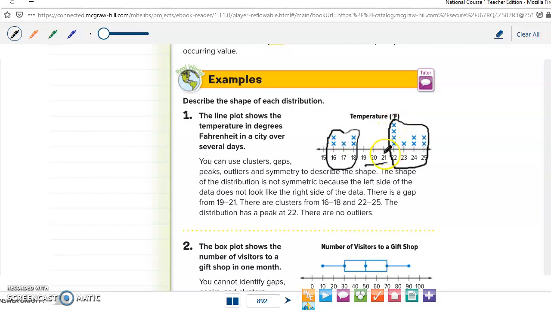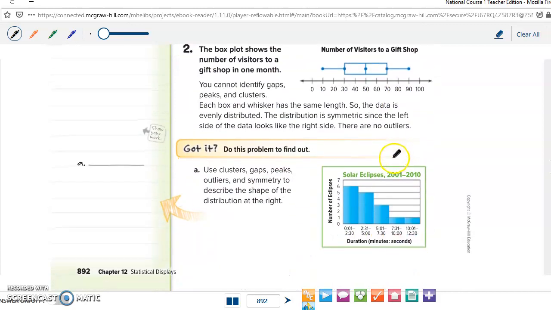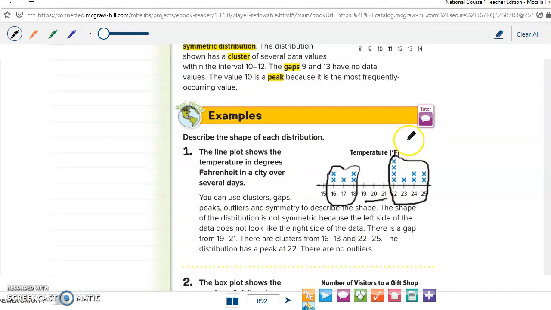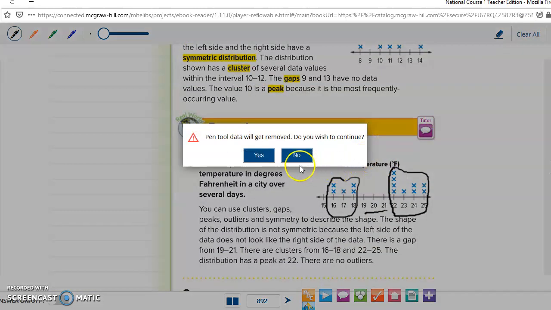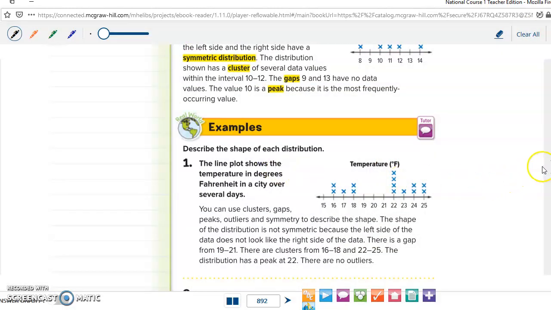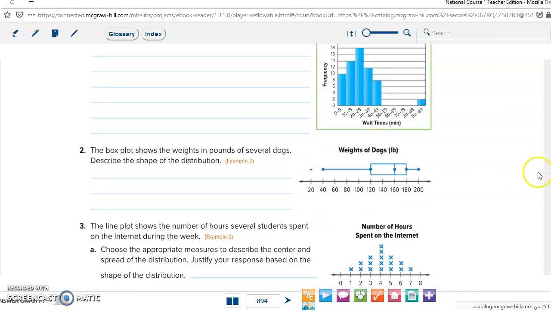Peak. Is this symmetric? No, because the numbers on the left are not like the numbers on the right. I want you now, grade 6, to solve. I will clear now and go to the next page.